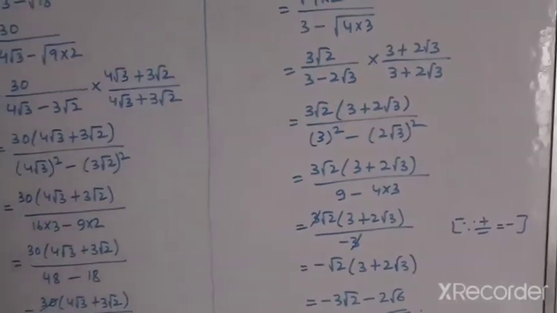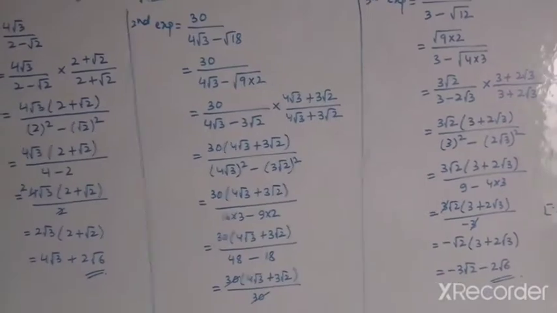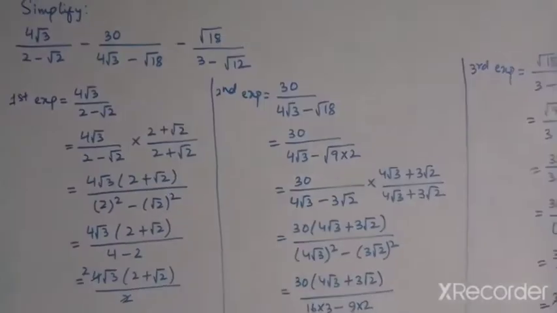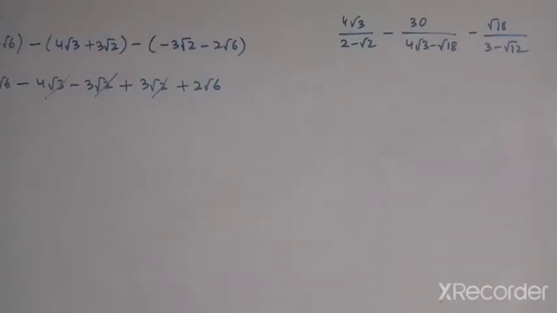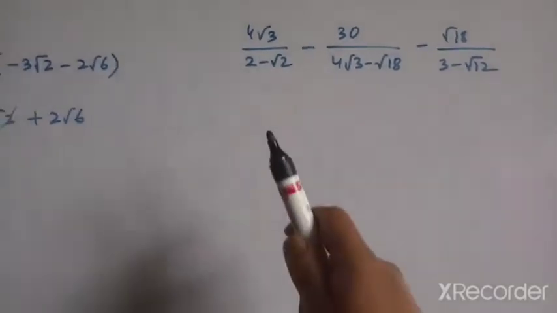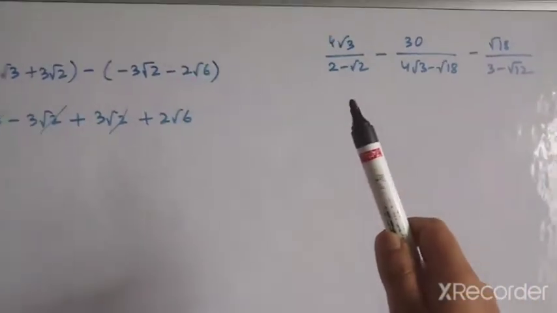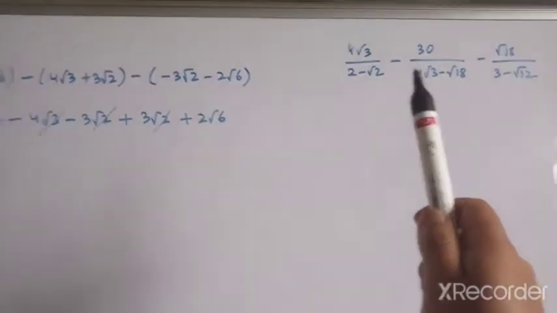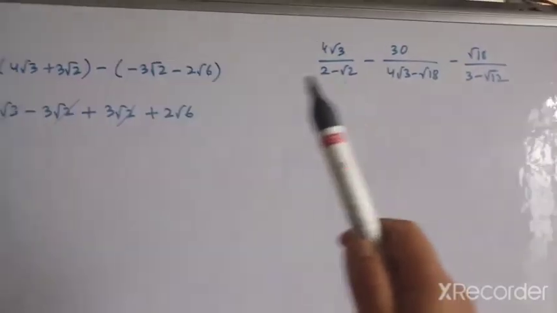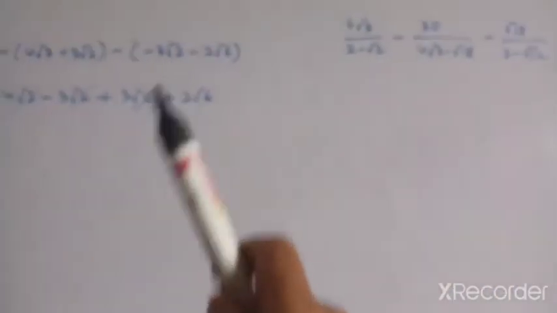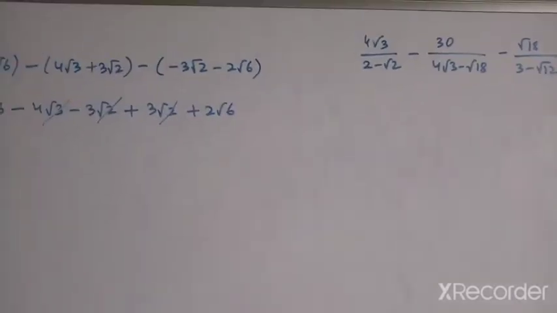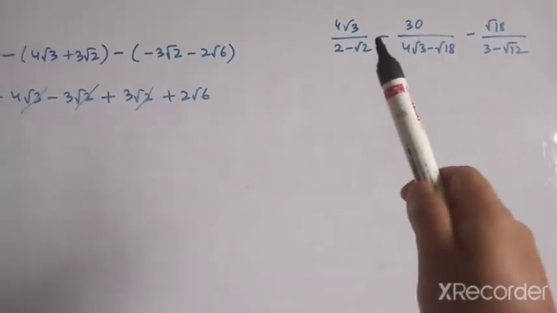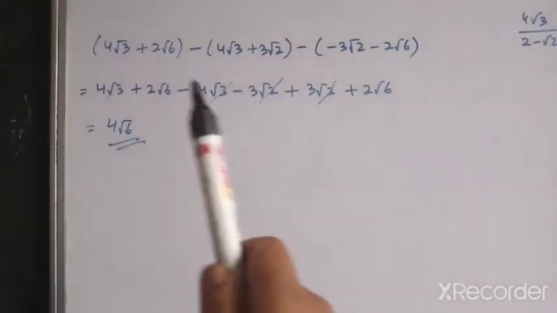Now after this, we shall replace the values of the first, second and third expressions in this particular quotient. Our quotient was given in this particular form. After rationalization, from here we got 4 root 3 plus 2 root 6, from here we got 4 root 3 plus 3 root 2, and from here we got minus 3 root 2 minus 2 root 6. Now in between we got the sign as minus and minus. This sign you have to use only at the end.